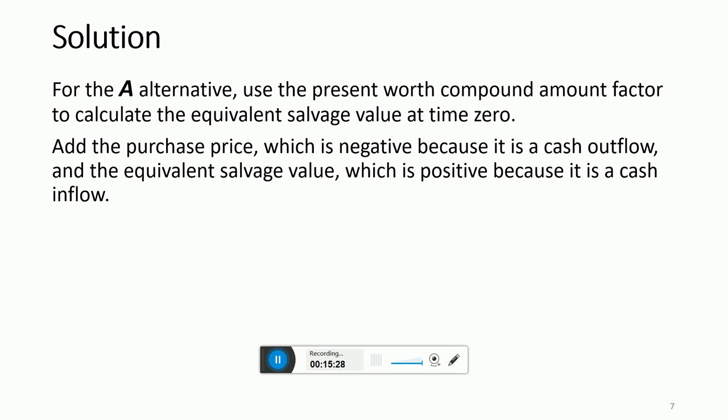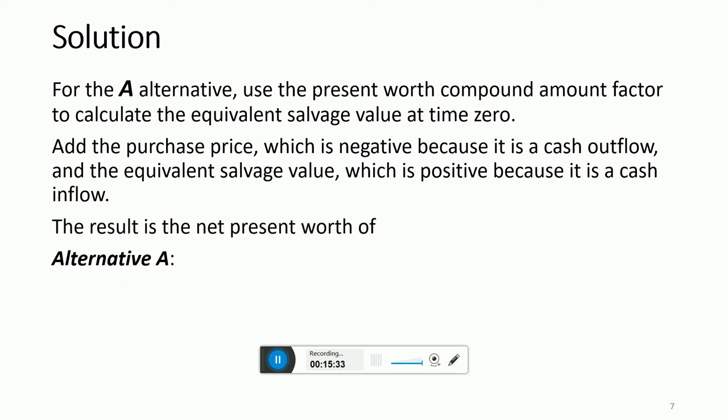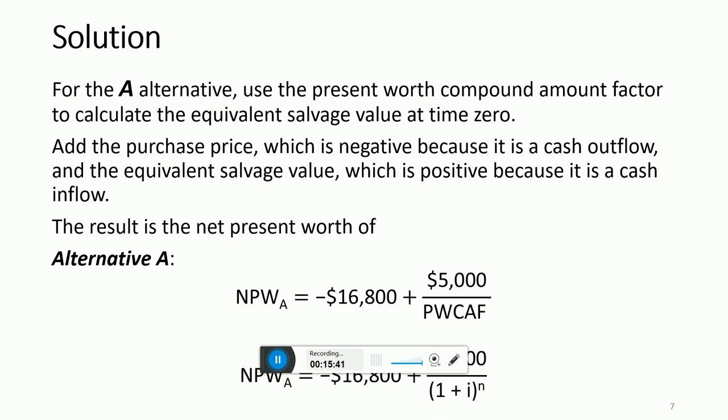So in case of alternative A, we have to find the net present worth.